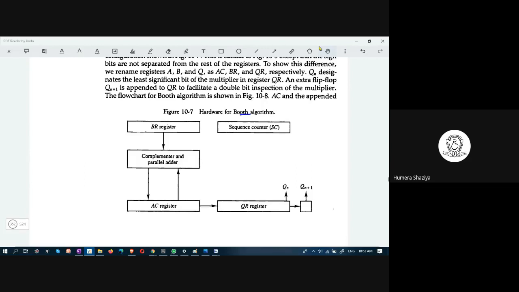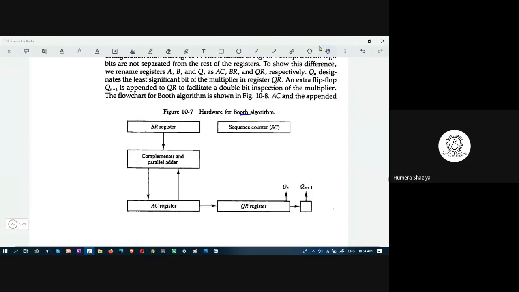In the previous algorithm, only the QN bit was considered, the rightmost bit or the least significant bit, to perform the operations, shift, add and decrement, or just shift and decrement.